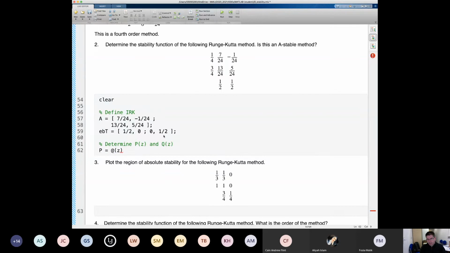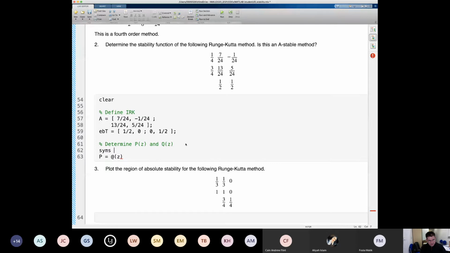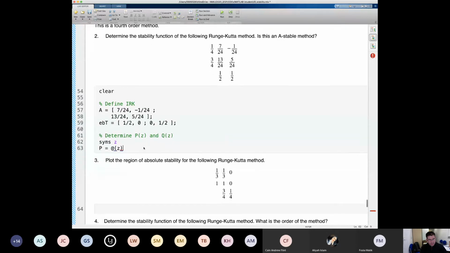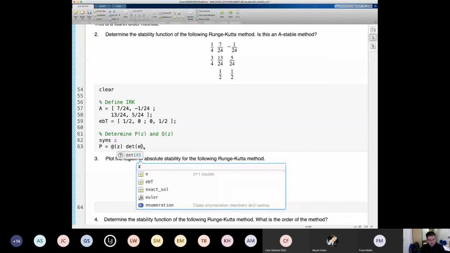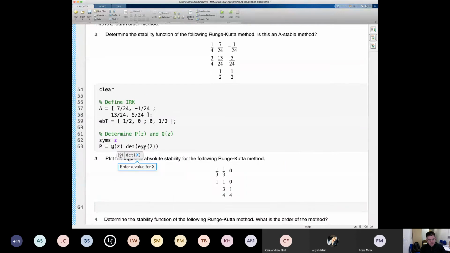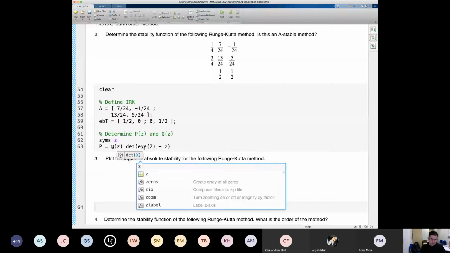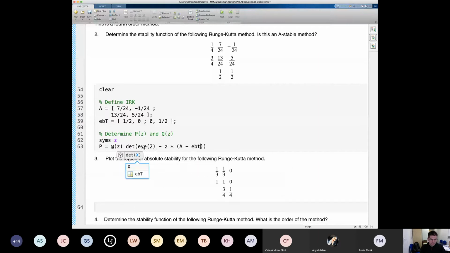I'm defining a function, and I forgot to say that z is a symbolic variable. My function is going to be the determinant of the identity matrix, here a 2 by 2 identity, minus z, multiplied by A minus EBT.